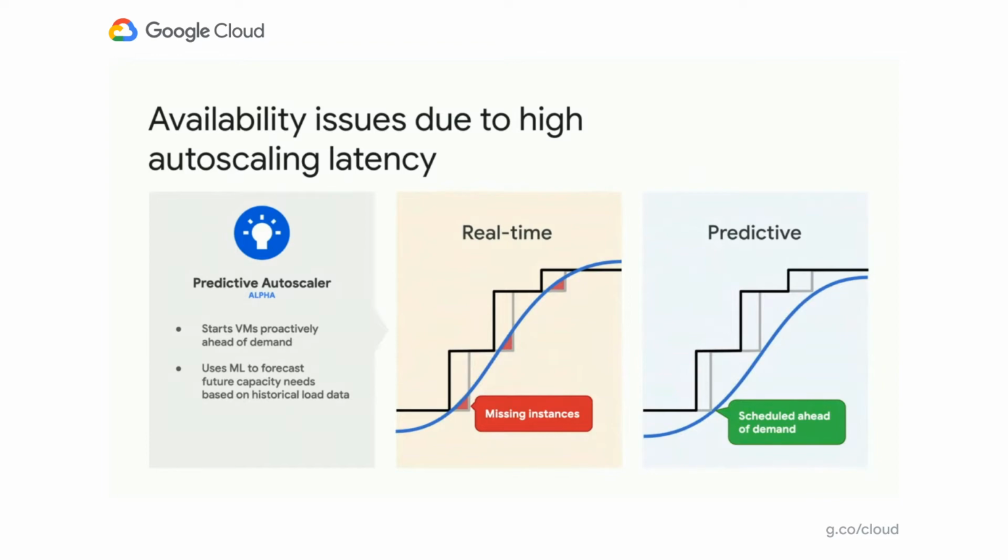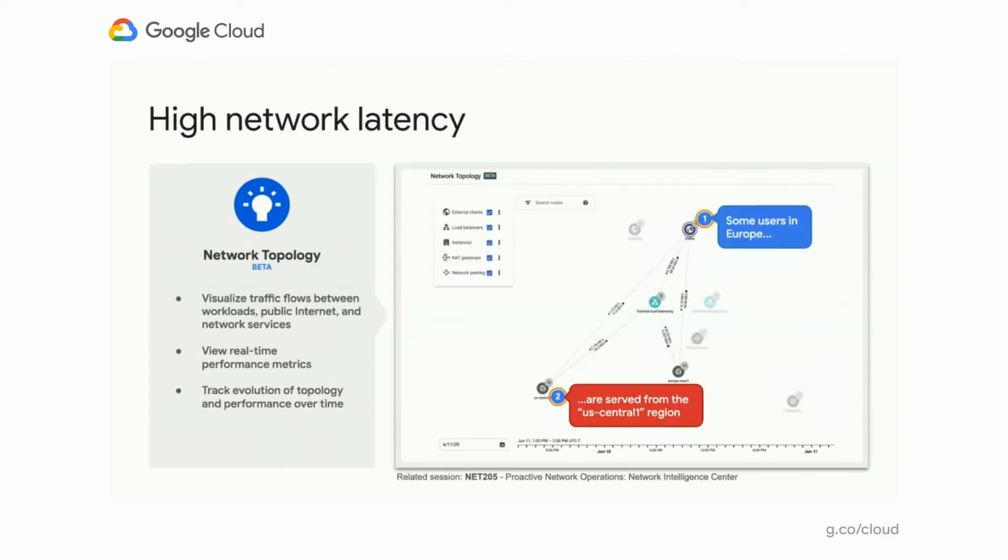He suspects that there could be some sort of autoscaling latency contributing to the slowness in his application. So he turns on the predictive autoscaler from Active Assist. What the predictive autoscaler does is forecast future capacity needs based on historical data and spin up new VM instances even before the upcoming demand is coming in. With this, Steve is able to reduce the risk of having autoscale latency in his deployment.